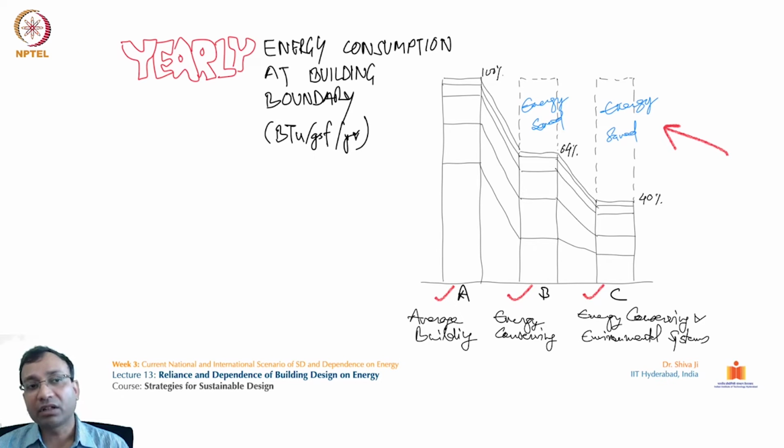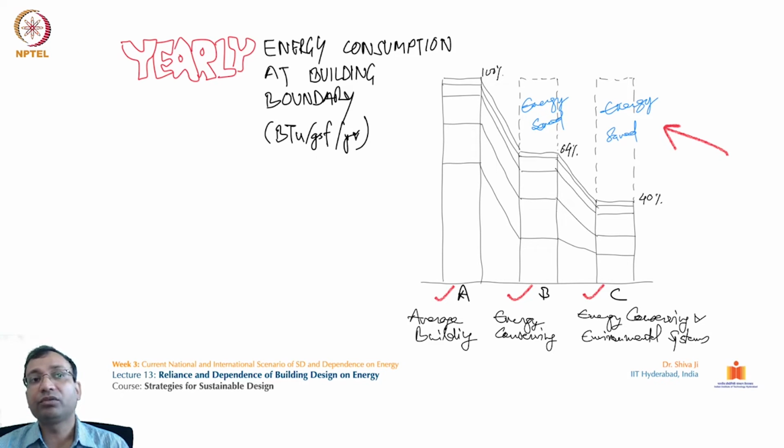If you move to case B, energy conserving construction, in such a construction system we can save power, and the consumption has reduced to 64% of the base case. That's a huge reduction, more than a third saving. That is the impact on energy consumption of going for energy conserving construction systems.